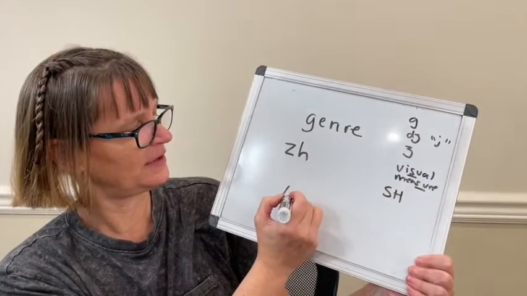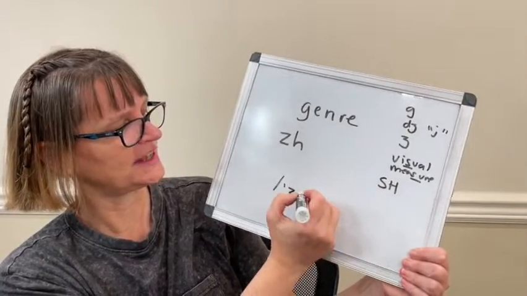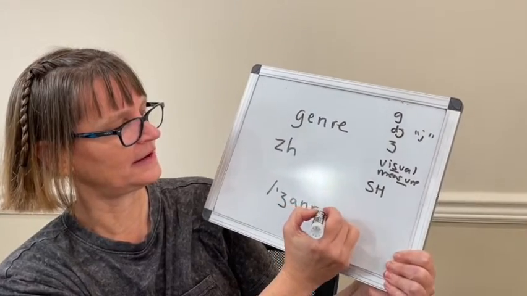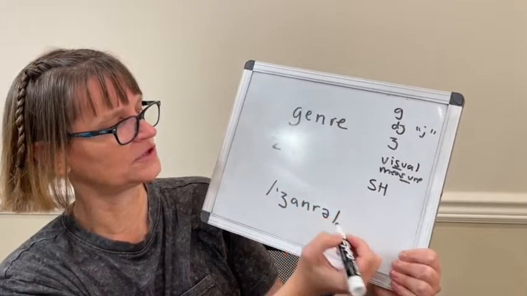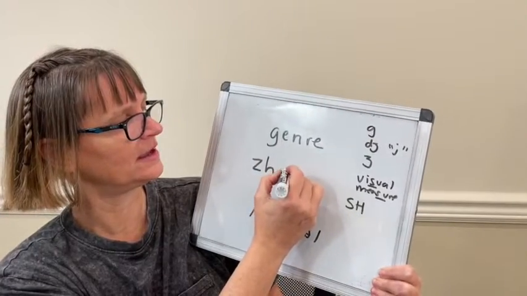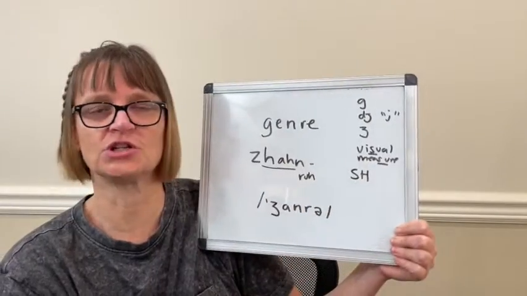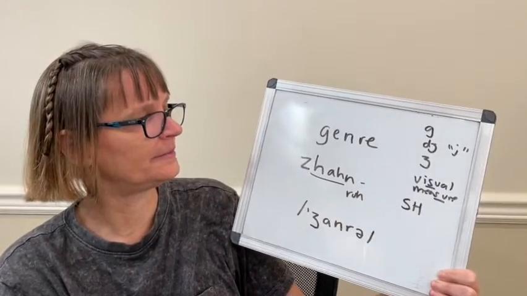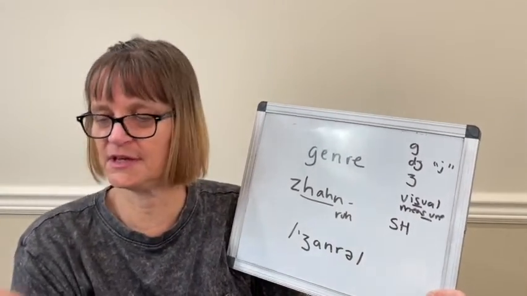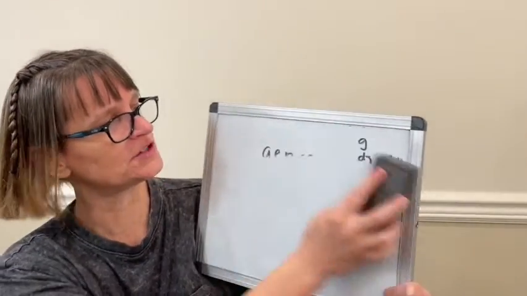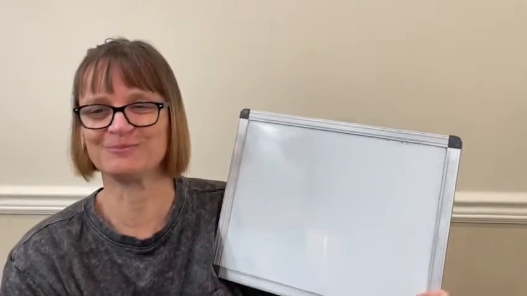So the IPA would be the j sound, the ah sound, the n sound, and then r with a schwa. So think of it with first syllable stress, genre. Not easy, and not exactly the same as the French, but it comes from the French and is pretty close.